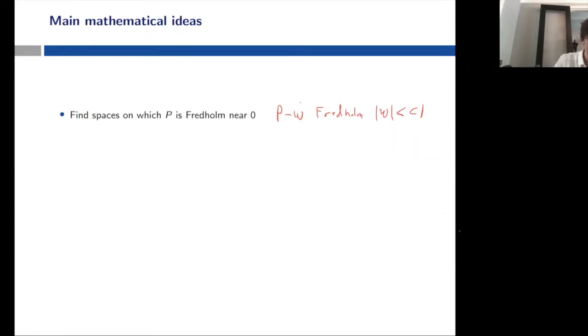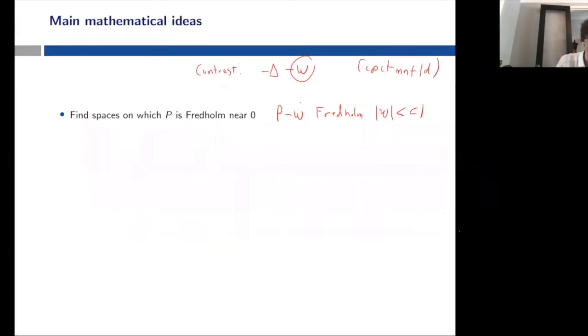In contrast, for the Laplacian, when I subtract an energy, this energy doesn't matter when it comes to Fredholm properties. It's so much smaller than the Laplacian, say on a compact manifold, that this thing cannot change Fredholm properties.